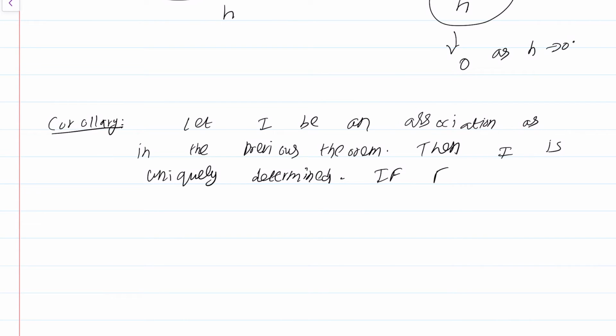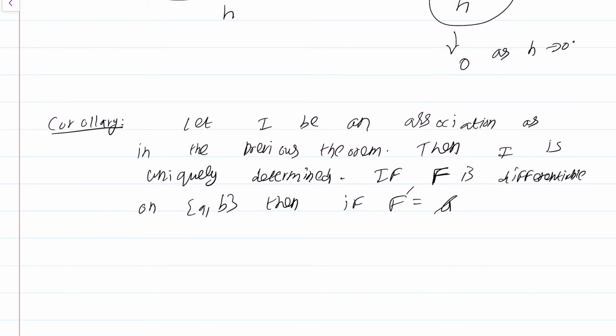If capital F is differentiable on the closed interval [a,b], and if capital F prime is small f, we have, as you can expect, I_a^b(f) is just F(b) minus F(a).